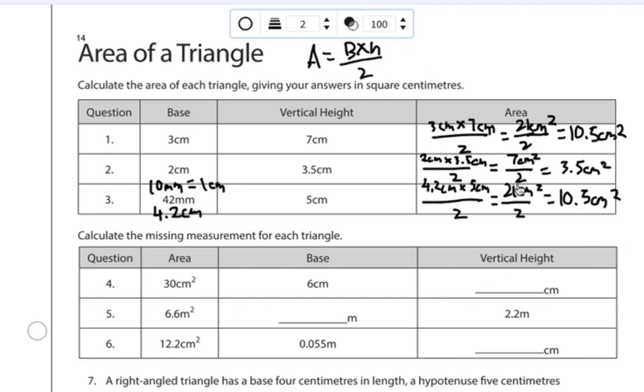Calculate the missing measurement for each triangle. So for this, we can also use the formula.